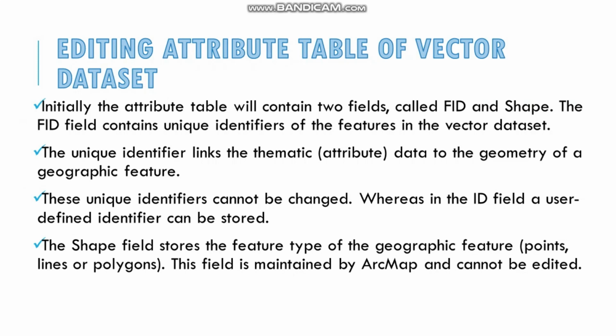While you're creating a new feature dataset with ArcToolbox, you should always mention whether you're creating a point, line, or polygon. We will talk about it in the third tutorial when we create a new vector dataset.